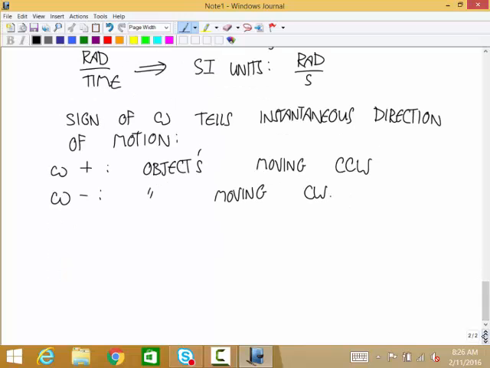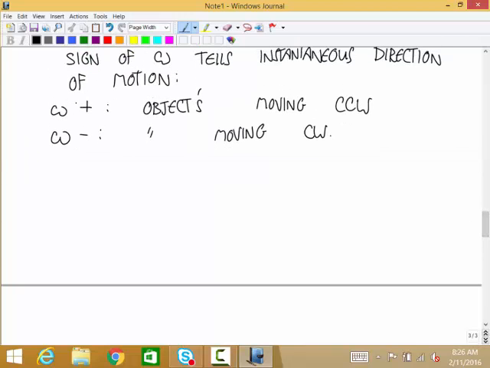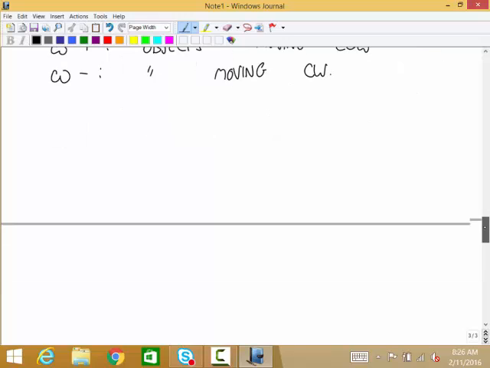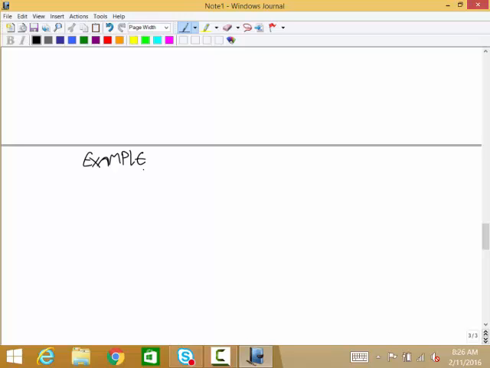Okay, so based on this definition of those signs, let's think for a second. So first, let's say that there's the circle, the object's up here, okay? Let's say that the angular velocity is positive.